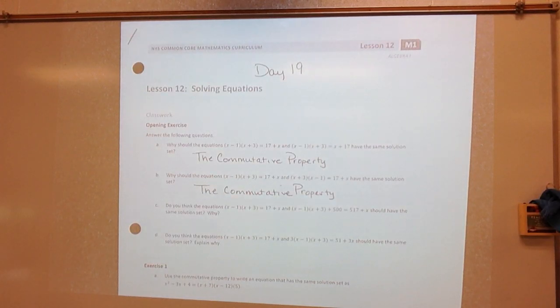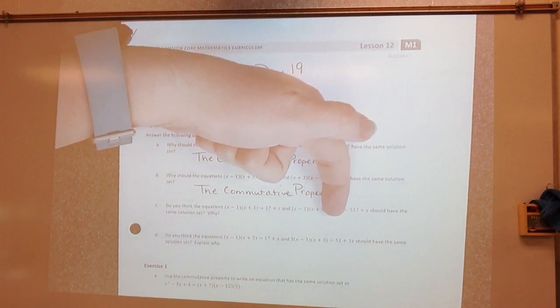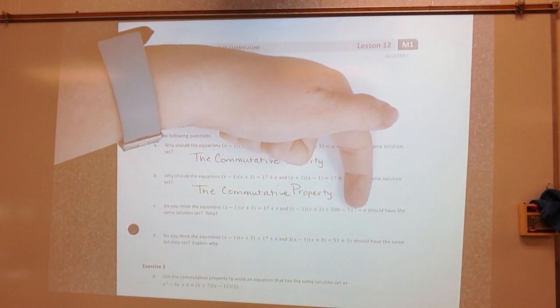Do you think the equation (x − 1)(x + 3) = 17 + x, and (x − 1)(x + 3) + 500 = 517 + x should have the same solution set? And why? Well, look at this. What changed? The only thing that changed was I added 500 here, but then look here.